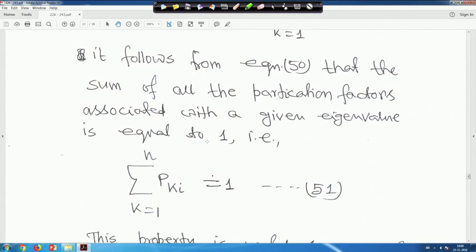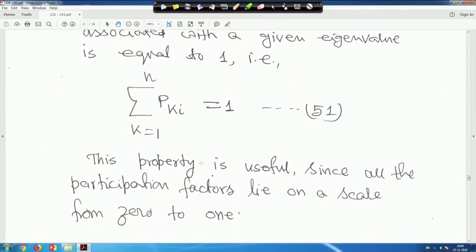This property is useful since all the participation factors lie on a scale from 0 to 1. Previously, when we studied participation factor, everything has been mentioned, but once again I thought I should take it a little bit in a different way so that the idea will be clear.